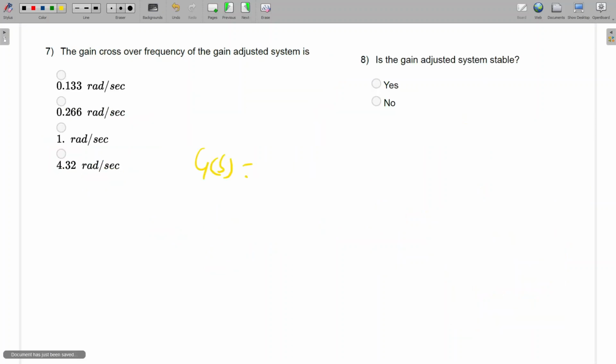So G(s) will be 0.5 divided by s into (2s plus 1) and then (5s plus 1). So we have to calculate the gain crossover frequency. How can we calculate? The magnitude should be equal to 1. So what is the magnitude?